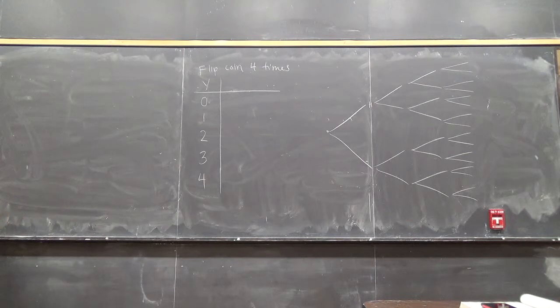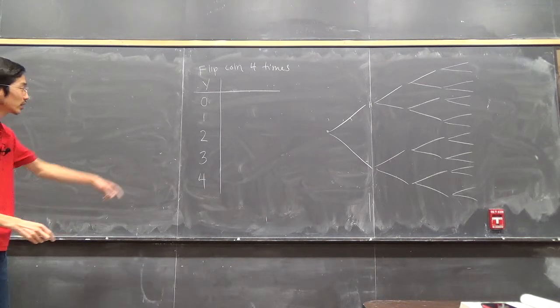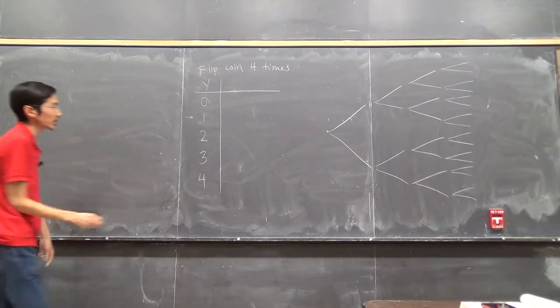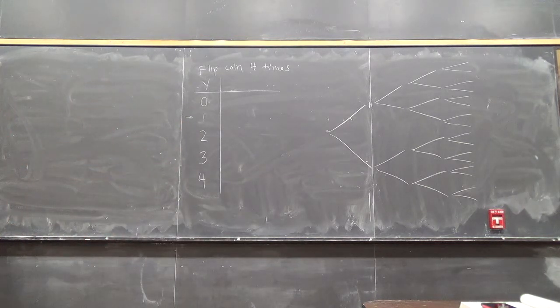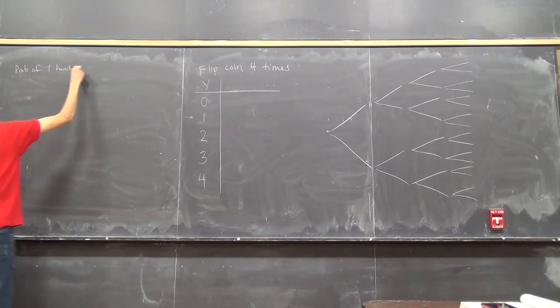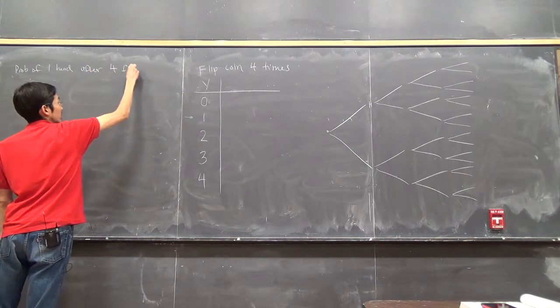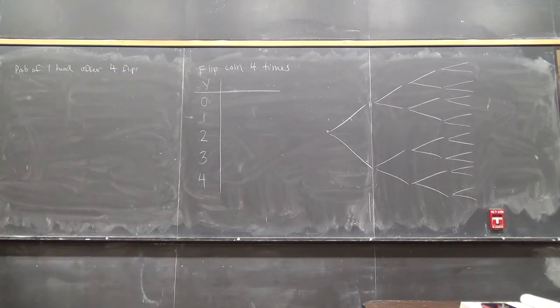Okay, so let's say I'm flipping the coin 4 times, and I want to know what's the probability that I get 1 head after 4 flips. For this scenario, I'm going to list out all possibilities. So for me to get exactly 1 head, there are 4 ways this could happen.